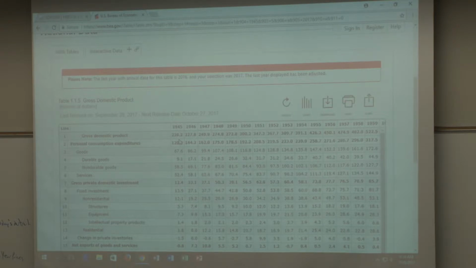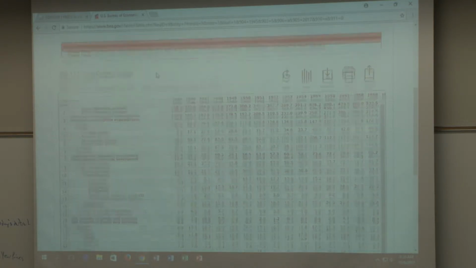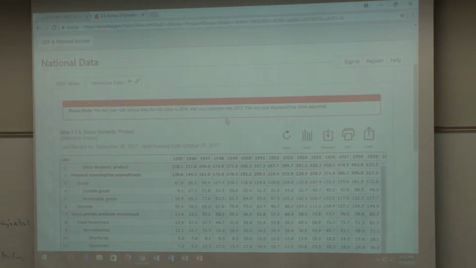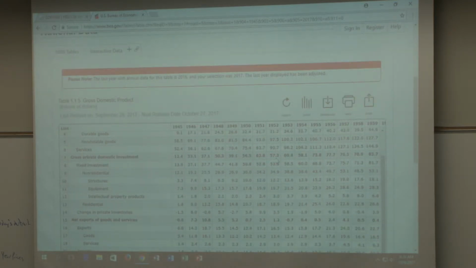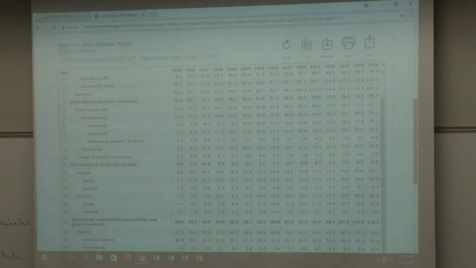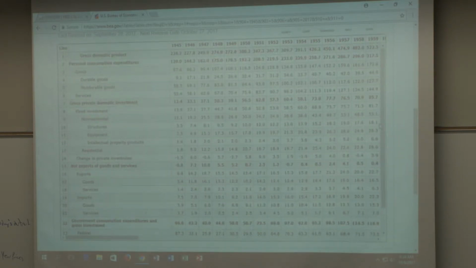So let's kind of look at these different components here. And we can see, let's see here, these different amounts. So we said our GDP here was equal to consumption plus gross investment plus gross expenditures plus exports minus imports, right?